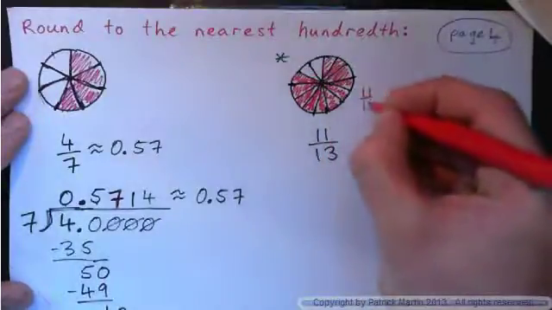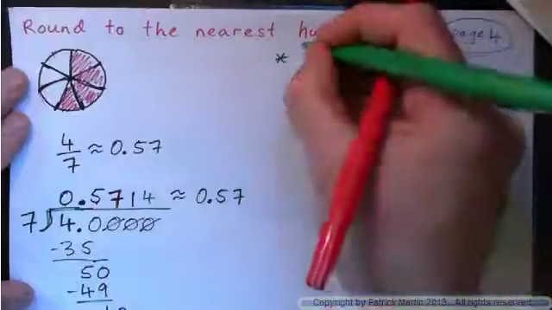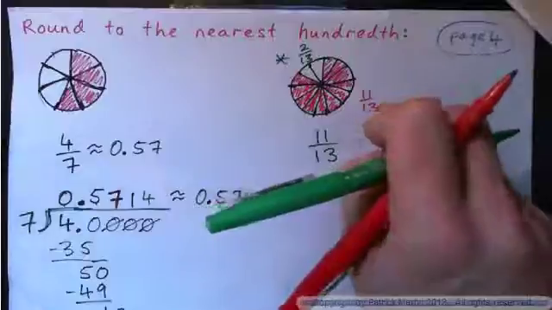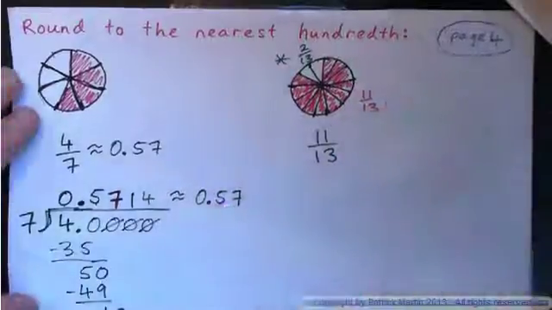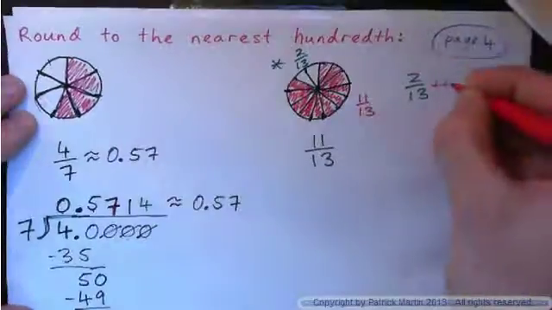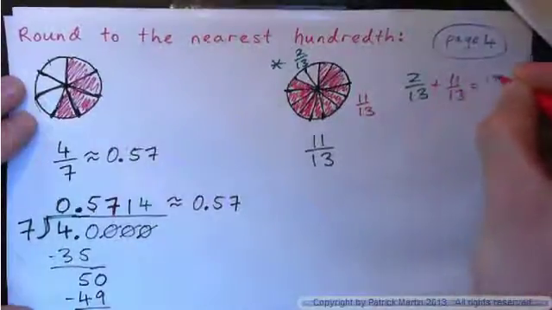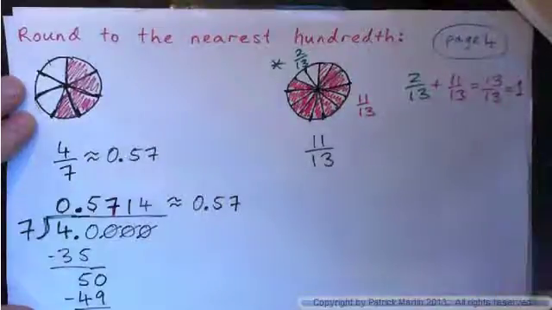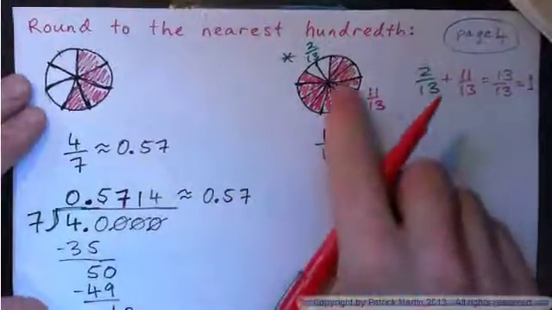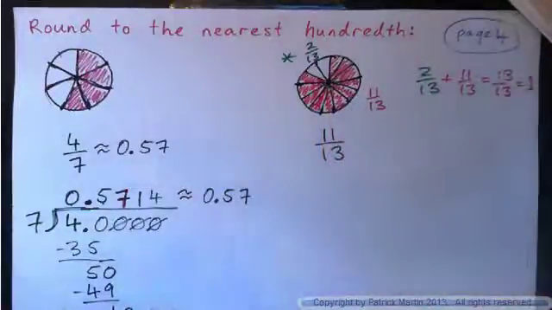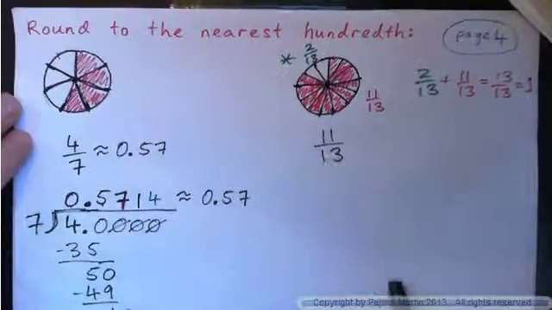I've shaded 11/13, and there's 2/13 left, because 2/13 plus 11/13 would be 13/13, which is 1, the whole thing, right? Anyway, so it's almost 1. The answer should be a little bit less than 1, like 0.9 or 0.8 or something like that, right?